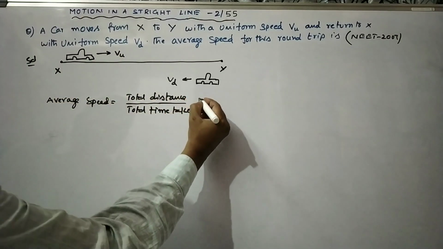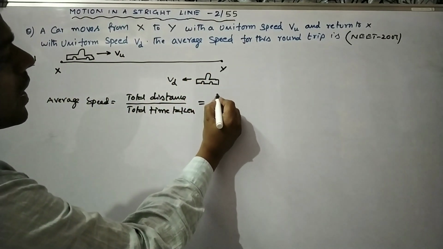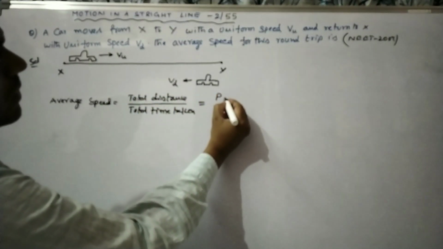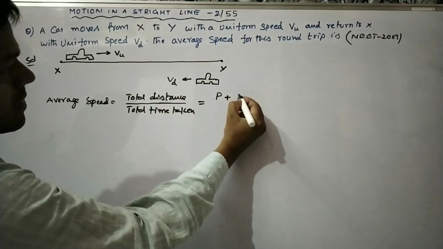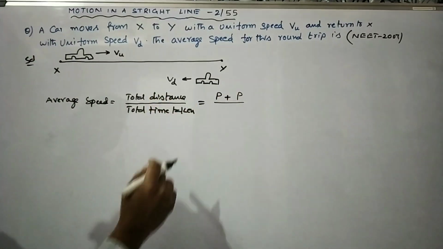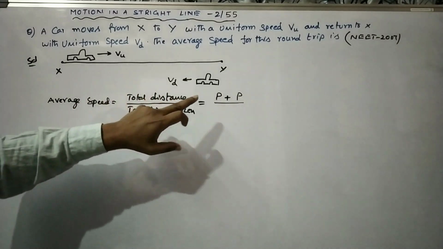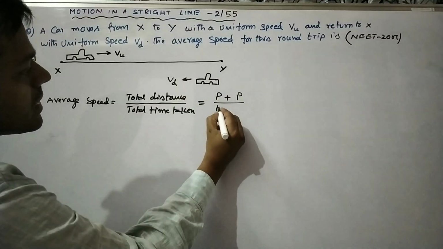The distance from x to y is p, plus from y to x is also p. So the total distance is p plus p, 2p.